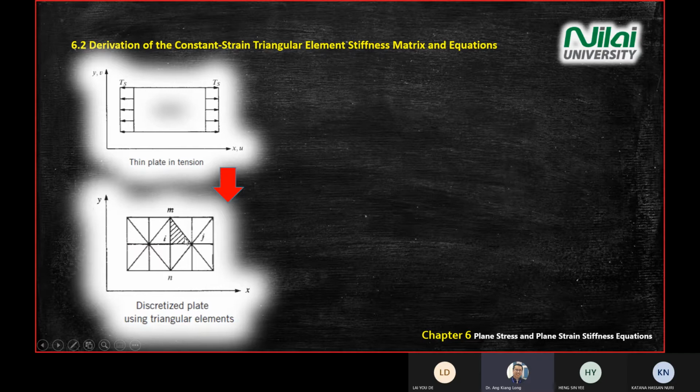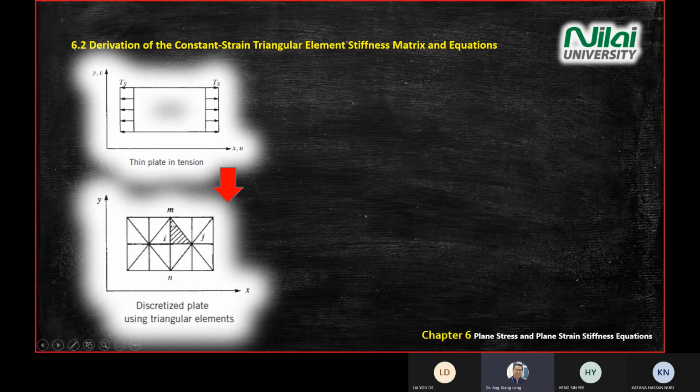Okay, so when you break it into a lot of triangles, we start with a small triangle like you see on the screen here. To define a triangle, we need 3 points. So we start with I, J, and then M. As you can see here, the direction that we use to define the points is anti-clockwise.